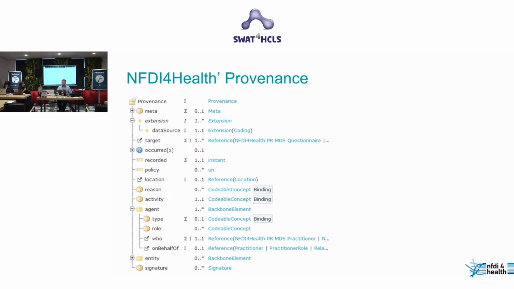Next slide, please. And so my last slide is about the provenance of data. So we chose to use the Provenance resource, but there are also other mechanisms in FHIR in general, being the meta element, which is also often used to define where the data is originating from, who updated it, when was the last update, etc. For us, it was especially important to set up the data source and who was in charge of it and which activity was performed.